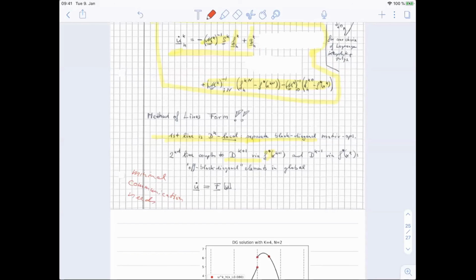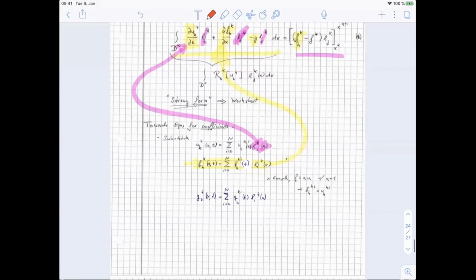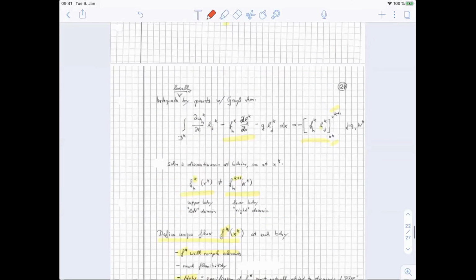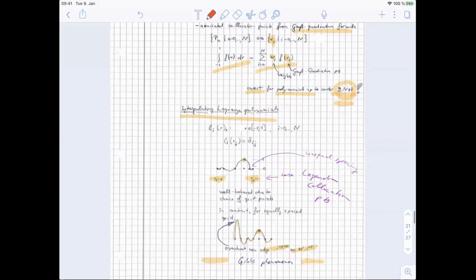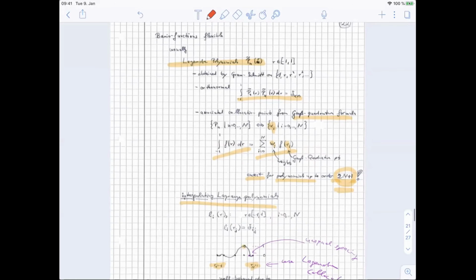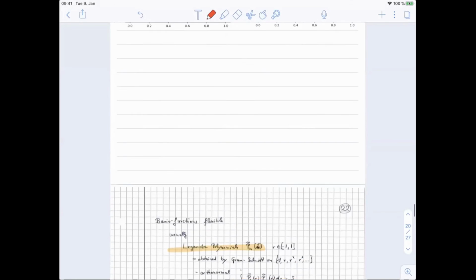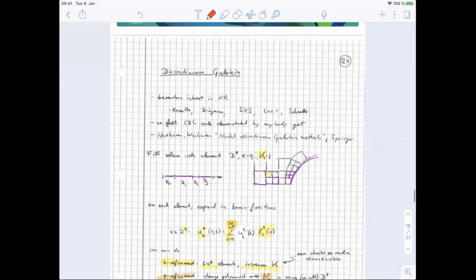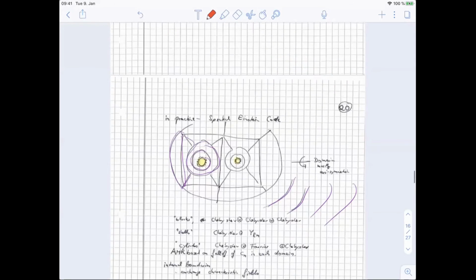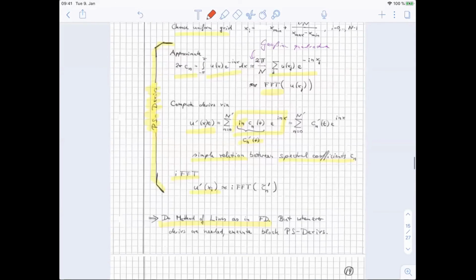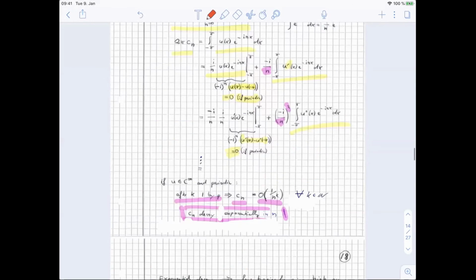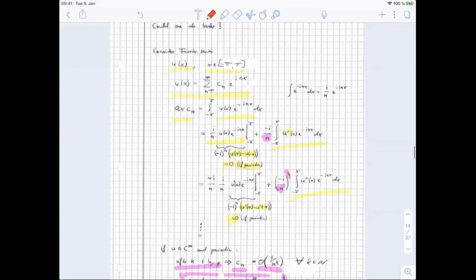It's simply put because you're losing the exponential convergence. If you have solutions that are not infinitely smooth, the exponential convergence is lost. And that goes back to the fact that the integration by parts argument will no longer go through. And so you will end up at a certain order.